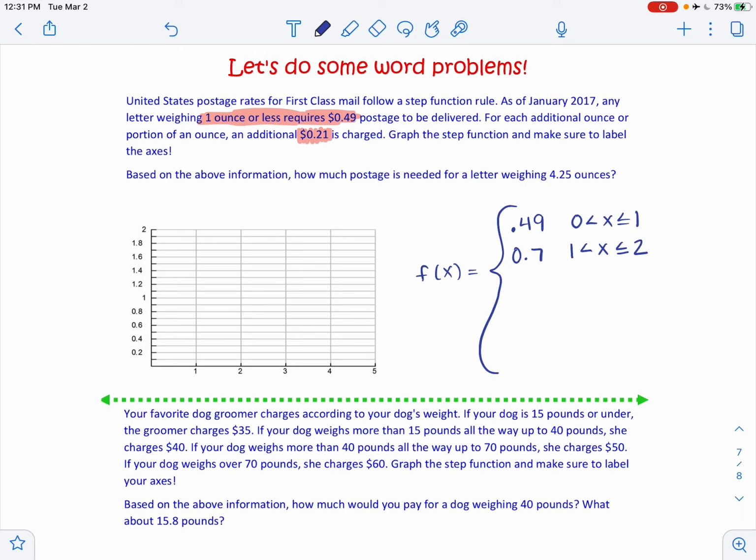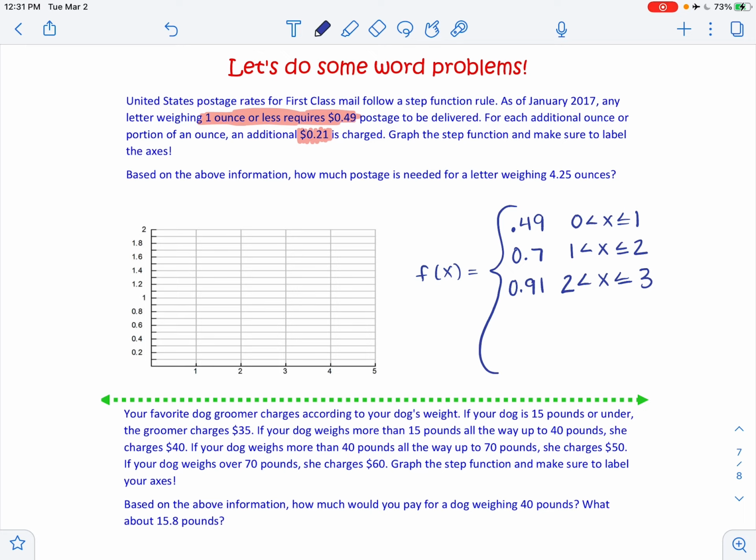It's only for the next additional ounce. As soon as I go over 2, again, I have to add an additional 21 cents. So 0.70 plus 0.21 is 0.91, and that is if I'm between 2 ounces up to being equal to 3 ounces.